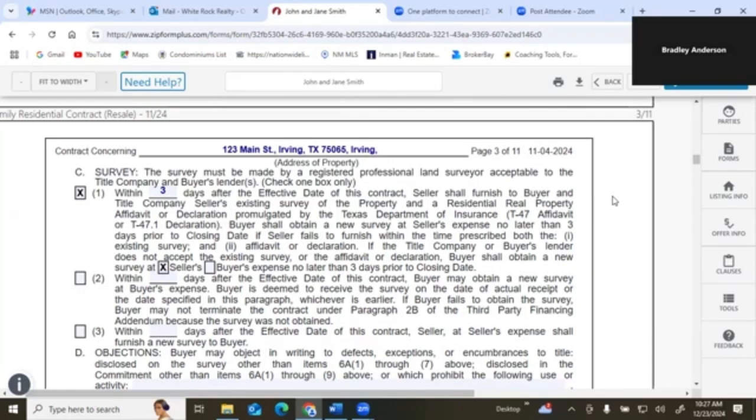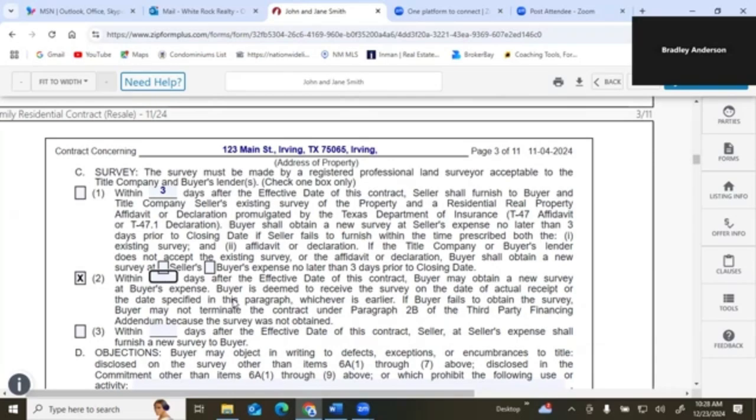Okay, so in some of the rural areas, it could take 21, 25 days. Now in option 2, this is what's changed. In option 2, you could then say within X amount of days of the effective date, buyer may obtain, it used to say buyer shall, buyer may obtain a new survey at the buyer's expense.